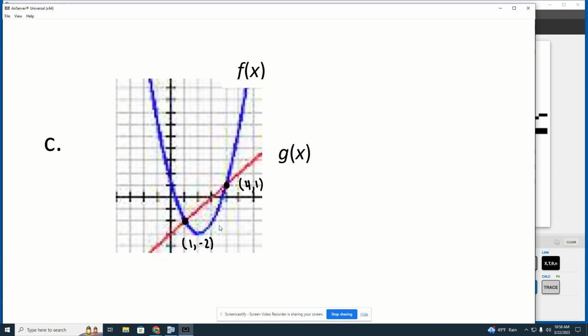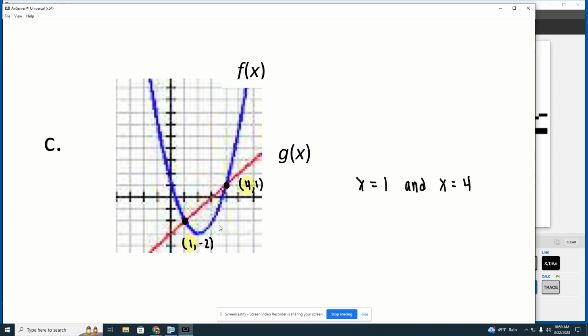But because of the way this is stated, what do I care about? Just the x values. So I'm going to say that x equals 1 and x equals 4. Or x equals 1 and 4. I don't care if you put x twice or not. But those are the 2 places where these 2 equations have the same x value.